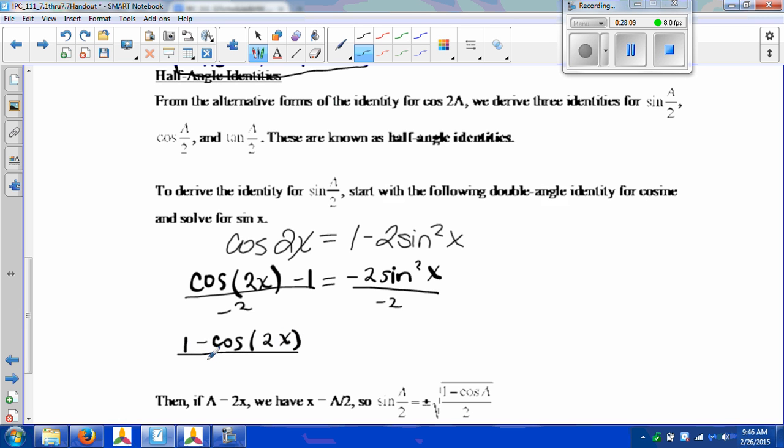I didn't really do anything differently there. I just distributed a negative here and here, and that made that positive, so I wrote it in front, and then made that negative, so I wrote it afterwards to make it a minus sign. And then that gives me the sine squared of x.